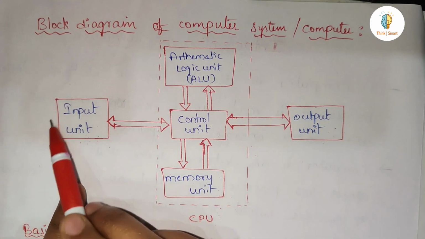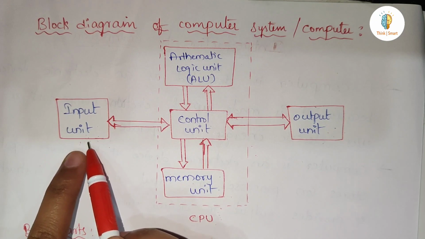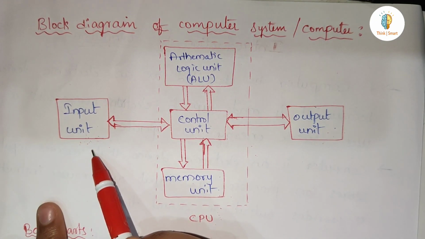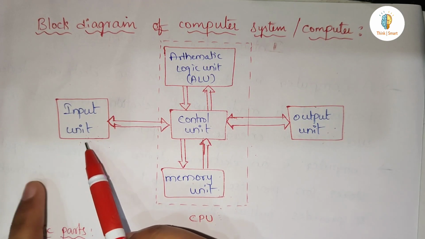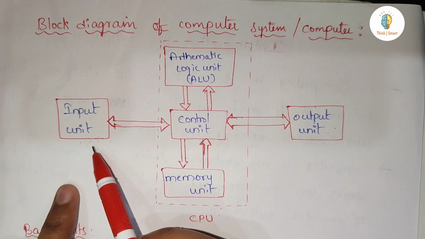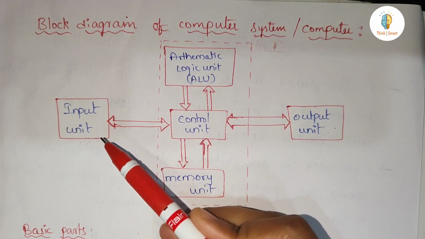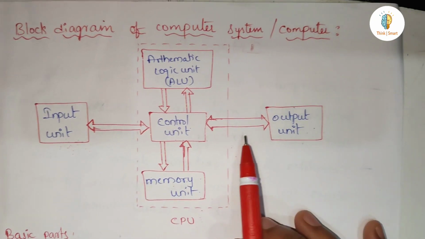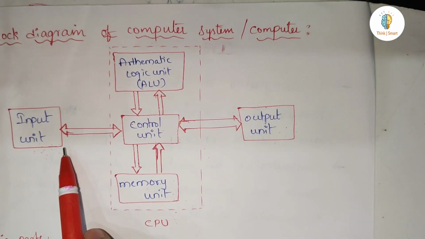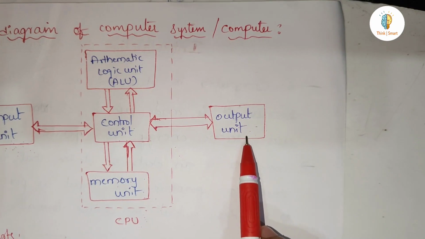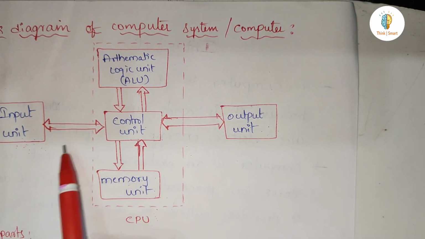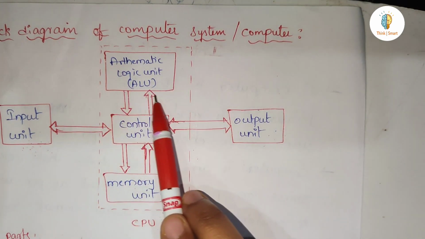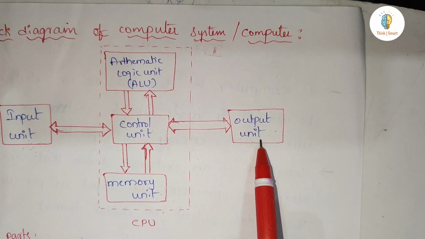See, coming to the input unit, the input unit is the unit which accepts the input given by the user. To accept the input, we use some input devices like mouse, keyboard, mic, camera, etc. And coming to the output unit, the input taken by the input unit is processed through the CPU and given to the output unit.